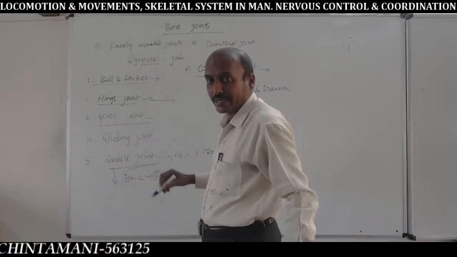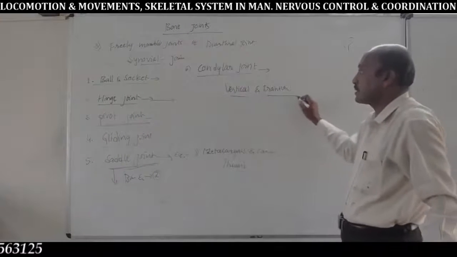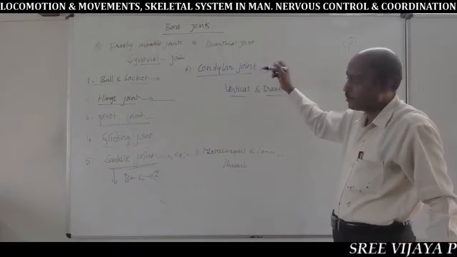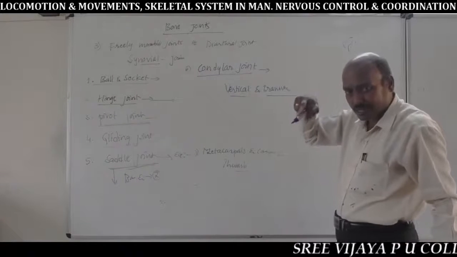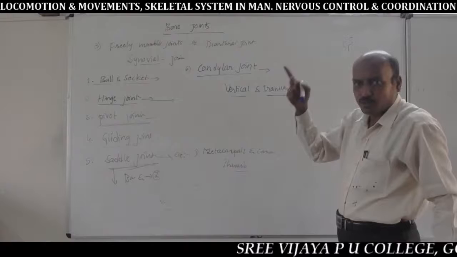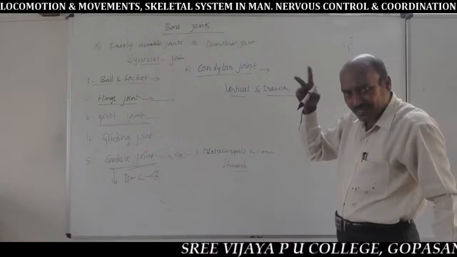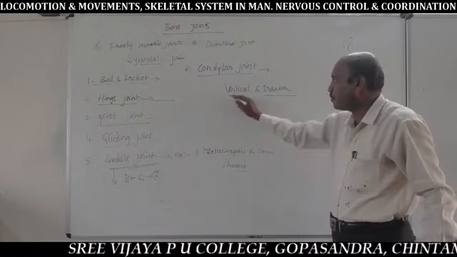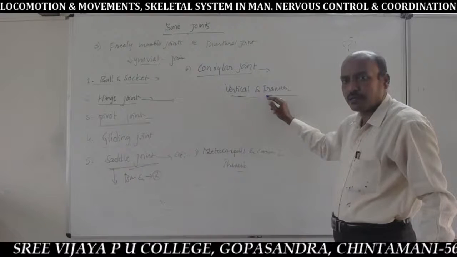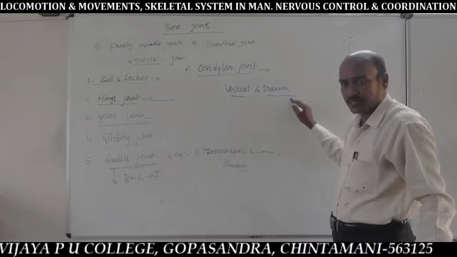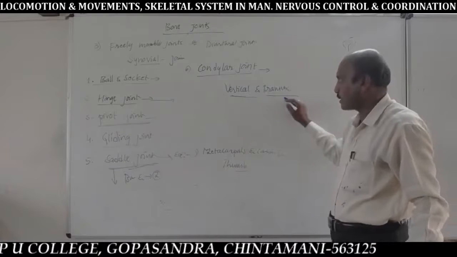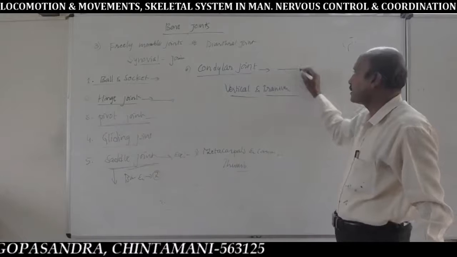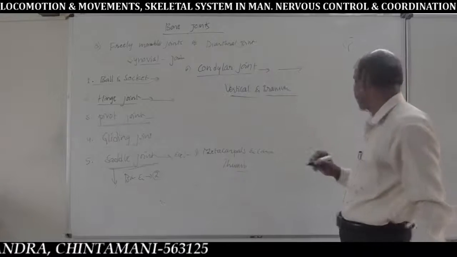While both in the vertical axis and transverse axis is the condylar joint. So the two-condyle articulation shows movement in two planes, vertical and transverse. Vertical plane and transverse plane is called the condylar joint. Here the example of condylar joint is.